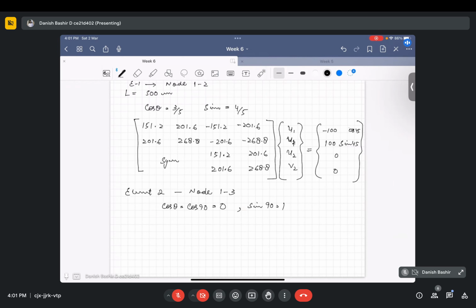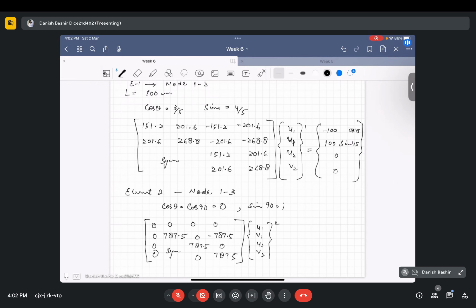You will get an element equation like this: 0 0 0 0, 0 787.5, 0 0 0 minus 787.5, 787.5, 0 0 787.5, and this is symmetric here. Everything is symmetric, and you have to write u1 v1 u2 v2 of element 2.